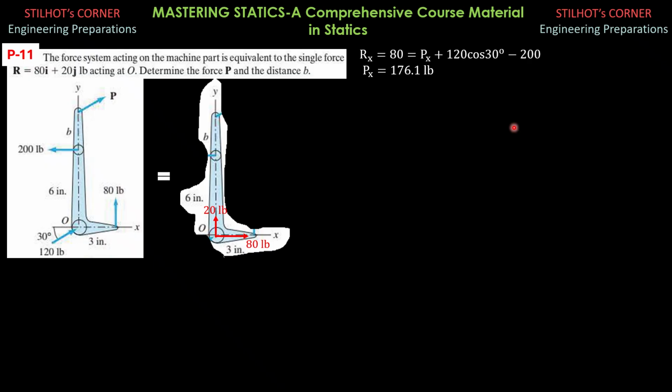Then for Py, although Ry is given as 20 pounds, we equate that to the y component of P, then plus 80, then plus the y component of the 120 pounds, 120 sine of 30 degrees. So Py is equal to negative 120 pounds.